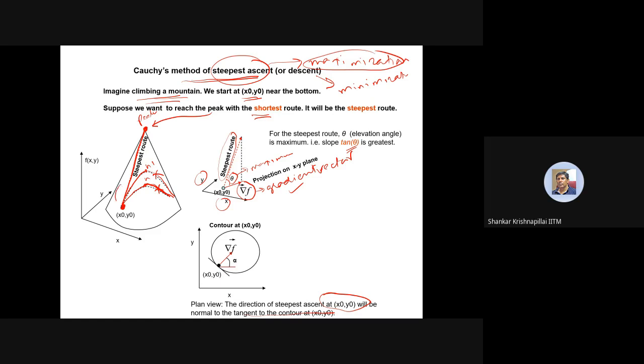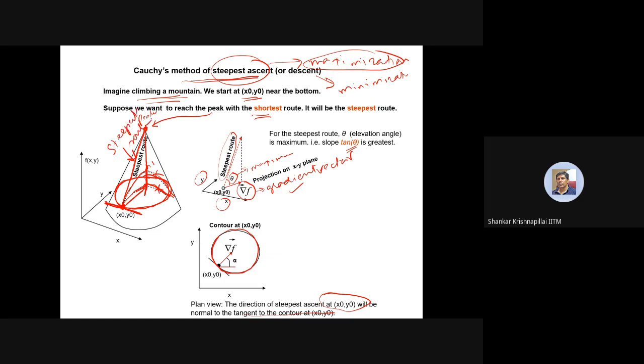So you have to draw the contour passing through x0, y0, that is this circle, and you have to draw the tangent to the contour. The normal to the tangent will lie under this steepest route.